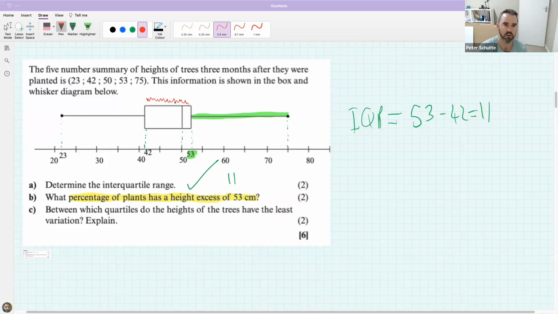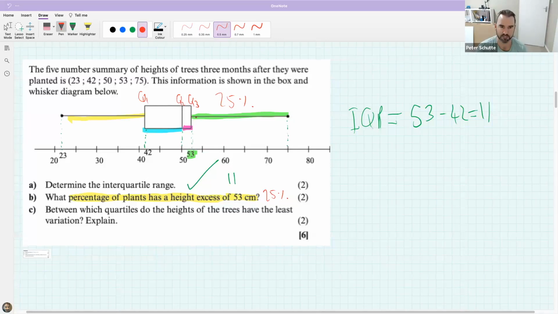Well, because we know 25% is sitting in that green space there, we also know 25% is sitting in that space, 25% is sitting in that space, and 25% is sitting in that space. So because the quartiles, what we call Q1 is sitting here, Q2, Q3, then 25% is the correct answer here. What percentage of plants have a height in excess of 53?